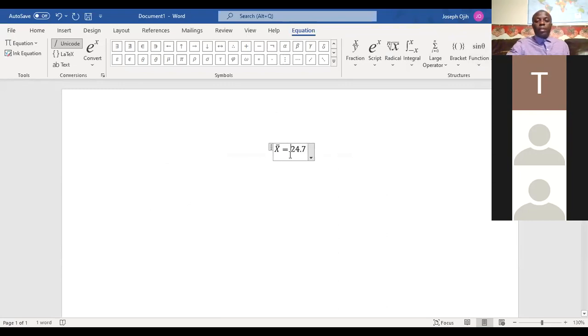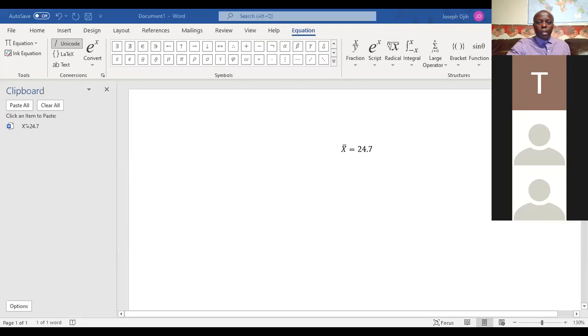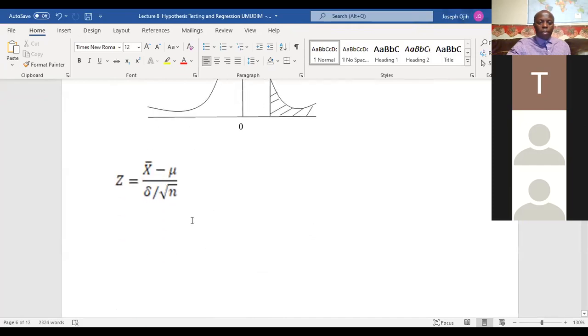So I'm going to put it right there. 24.7 years. Okay, it's open now. I think this should be it right here. So 24.7 years is right here for the sample mean.